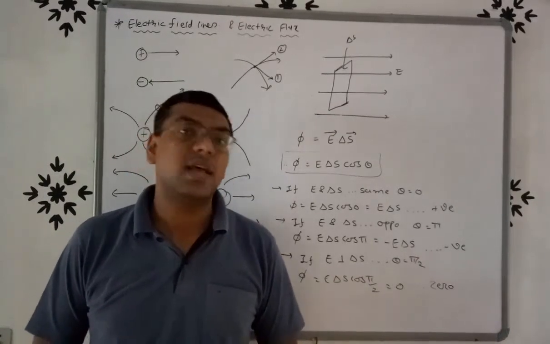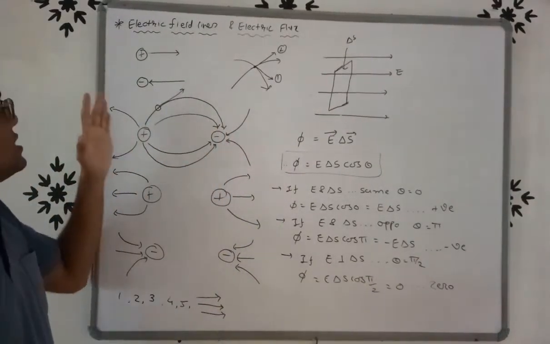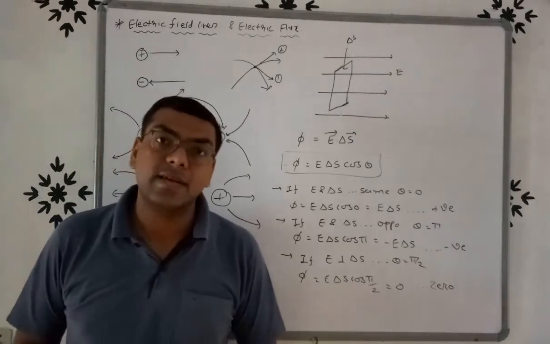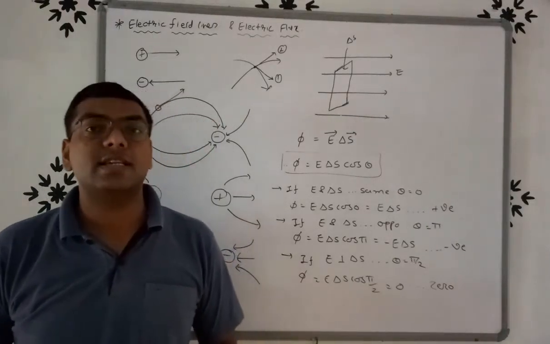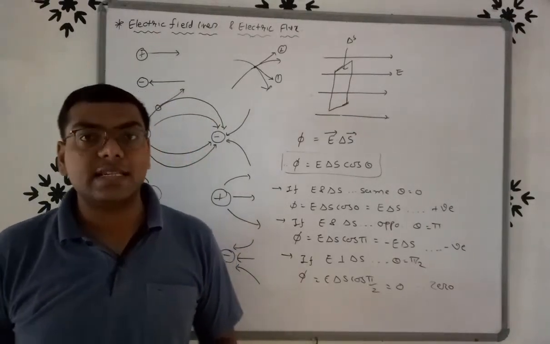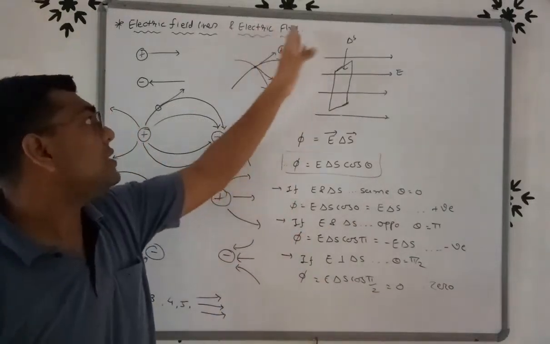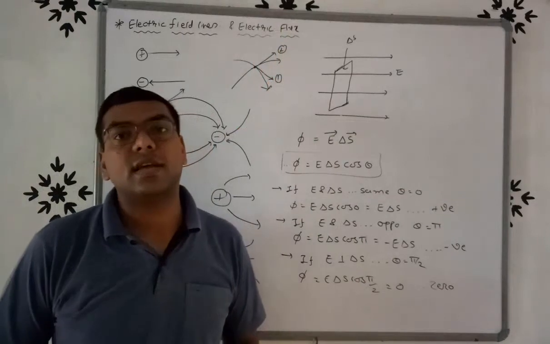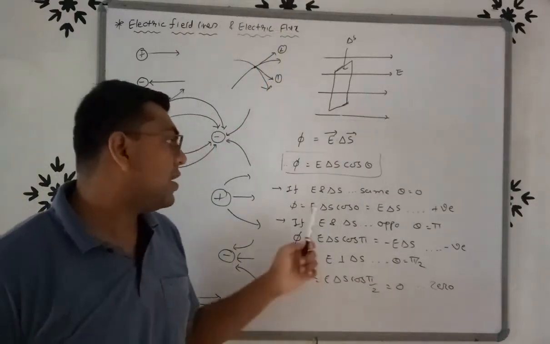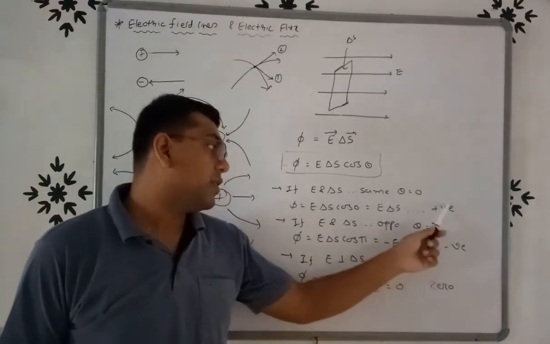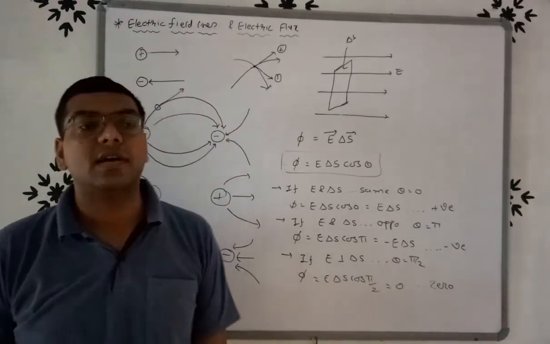Okay. So the questions are like this. Explain electric field lines. The second question is, give the characteristics of electric field lines. Then, what is electric flux, and when is electric flux negative, positive and zero, right?